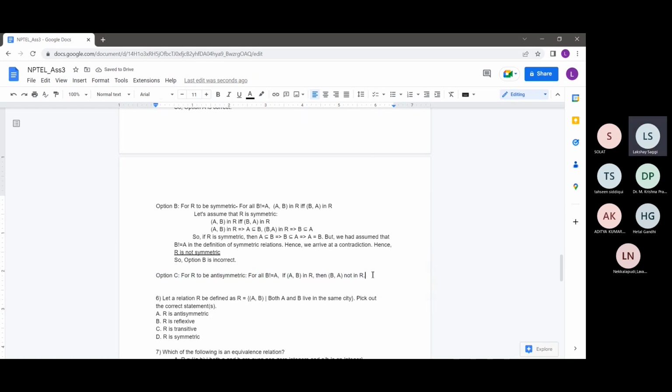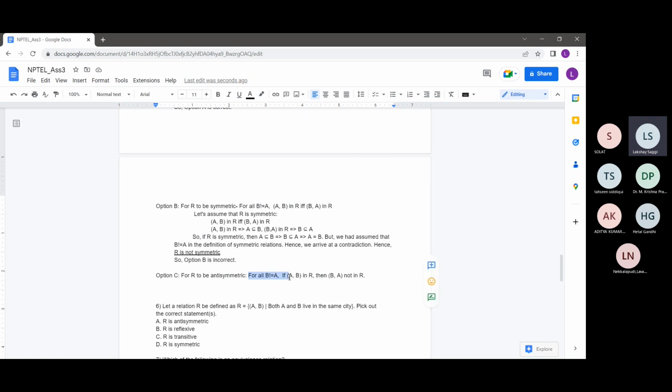So is R antisymmetric? I think you can see it yourself, the steps involved would be similar to option B and A as we have already done. But let me just show you. So why is it antisymmetric?